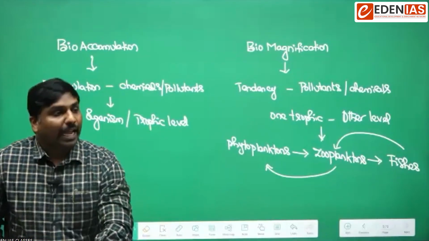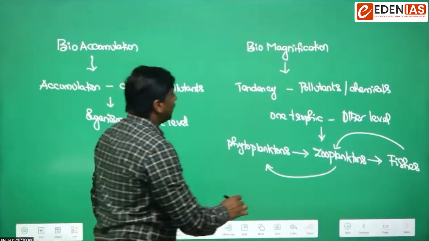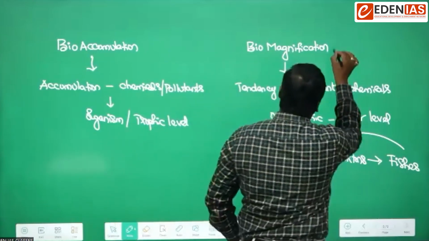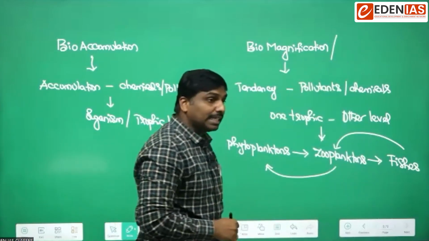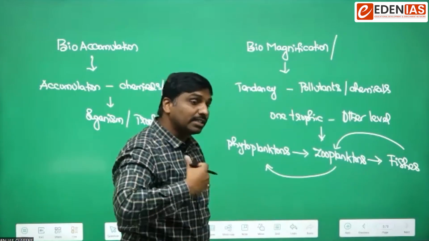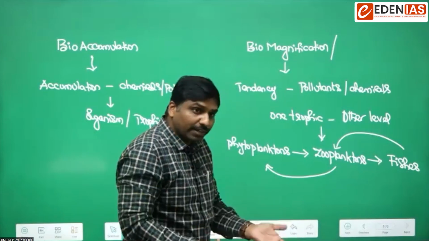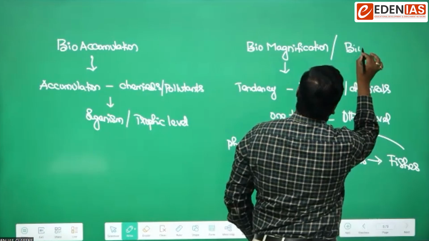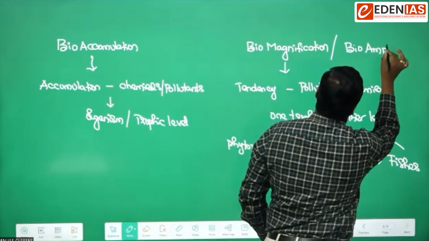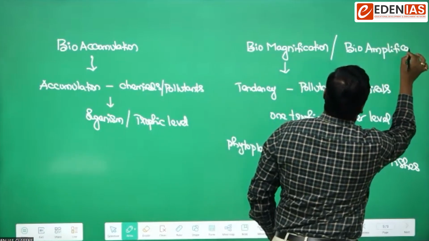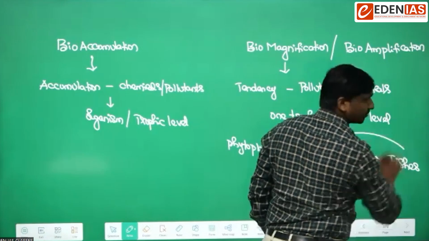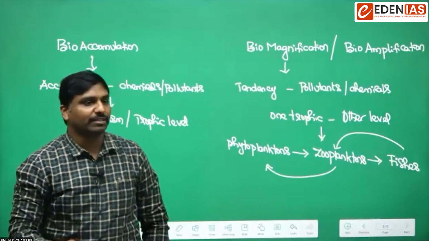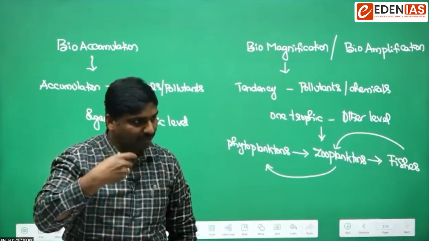Okay, and as the concentration of pollutants is getting enhanced, increased, or raised, we can also call this process bioamplification. Bioamplification. Have you heard about amplifiers, which are there for the speakers?